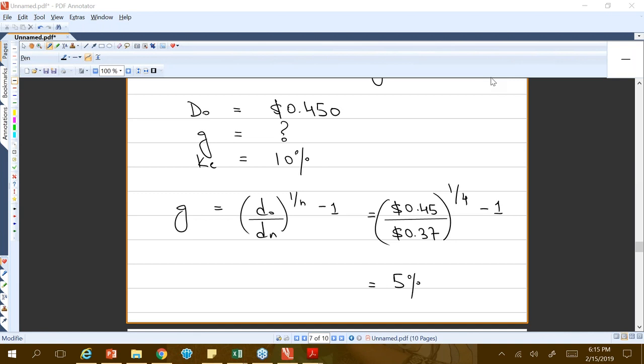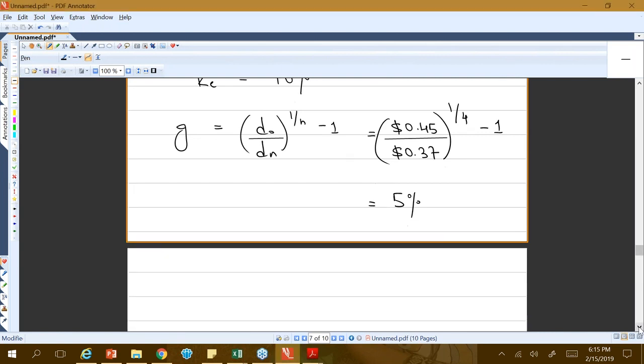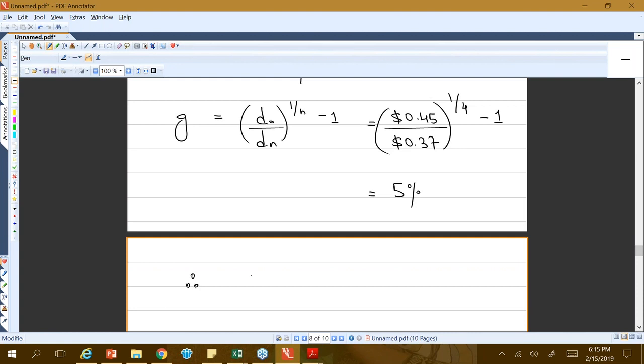So once you've got the 5% growth here, now it's just a matter of inputting all those values into that calculation. So what we can do now is, therefore, 0.45 times 1.05, which is the growth. The cost of equity was 10%, so 0.10 minus 0.05, and this will give us our per share value.